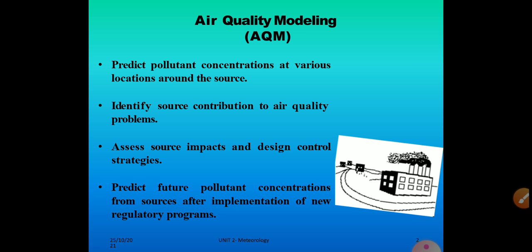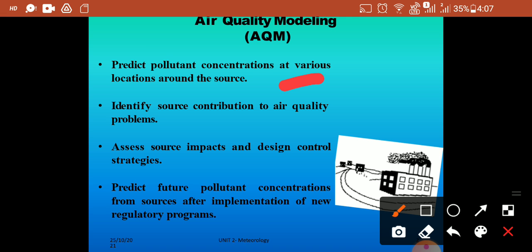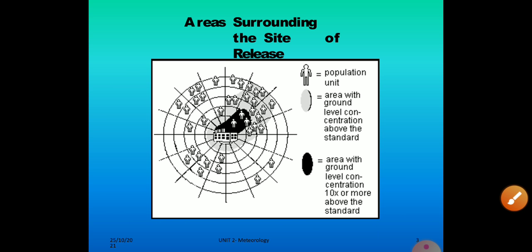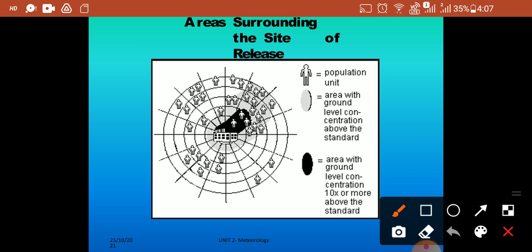So these are the four major points under air quality modeling. Next one is the area surrounding the site of release.